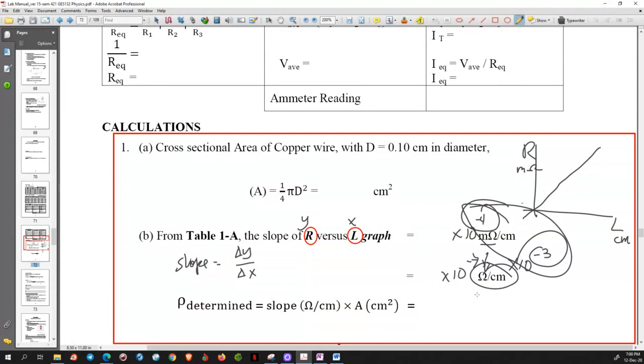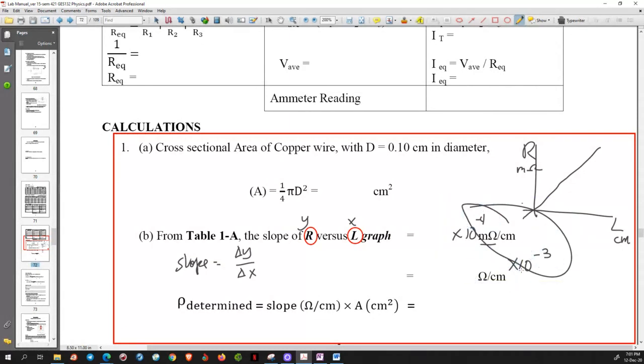So the unit will be ohm over centi. What's the importance here? If you go later on to find the real value, you will see that the unit should be correct. So, teacher, to make it ohm, I have to multiply by 10 to the power minus 7, correct? Minus 3? I will go back.